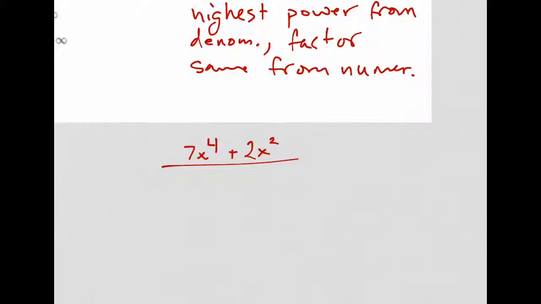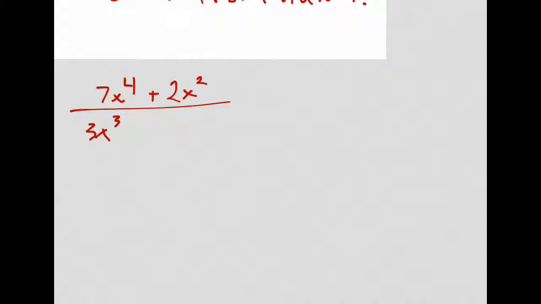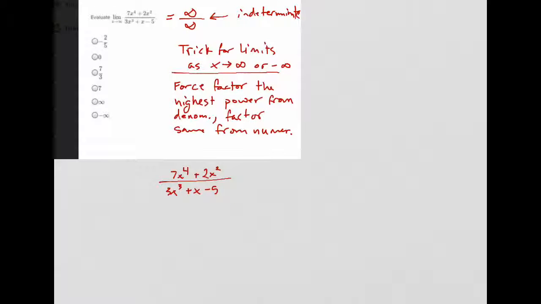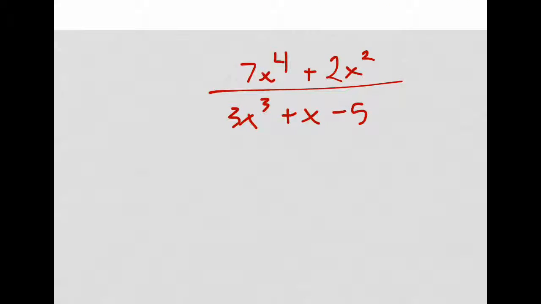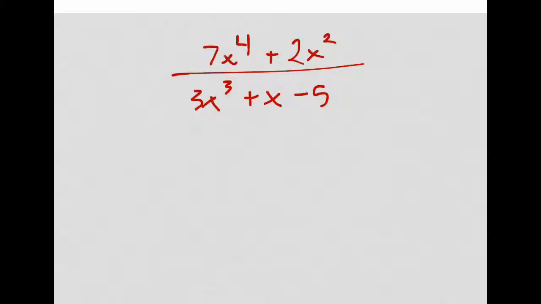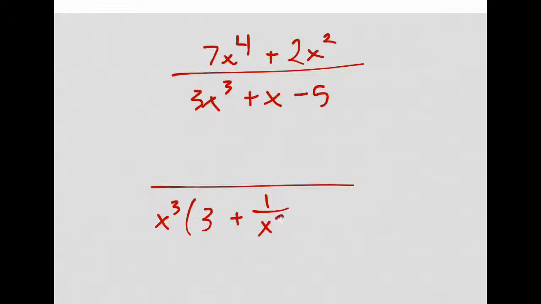So I have 3x cubed. Now I'm going to force factor out an x cubed. If I factor out an x cubed, I'm left with just 3, and then plus 1 over x squared.